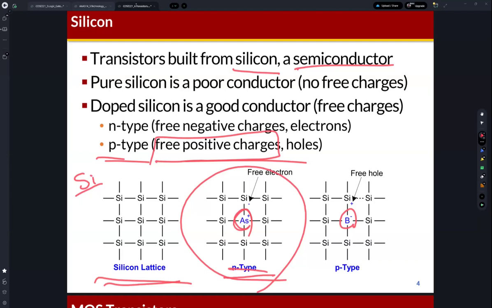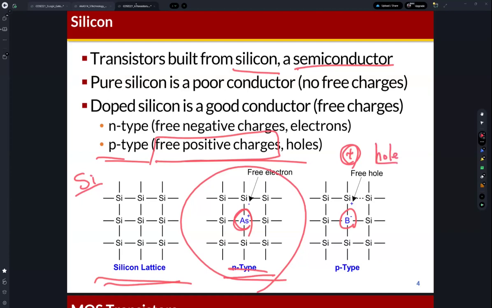Okay, so which means that the amount of free electrons is reduced, but this reduced free electrons works like a positive charge. And so this is why this is called the hole.